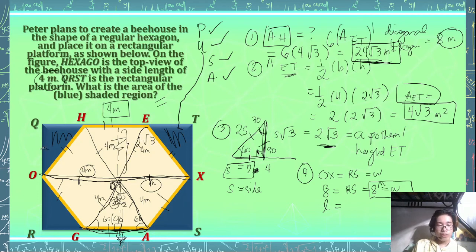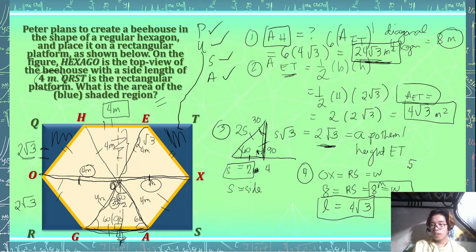So therefore, this side must also have a measurement of 2 square root of 3 since they're parallel to each other. So if that's 2 square root of 3, and this is also 2 square root of 3, if we add them, that's going to give us the length of the rectangle, which is equal to 4 square root of 3.